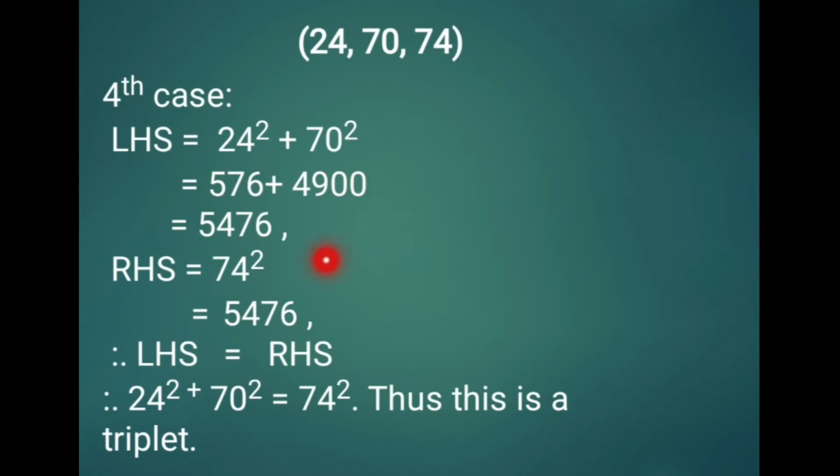So after adding we get 5476. So we find the square of 74. So the square of 74 is 5476. So from these two we say LHS equals RHS. Therefore 24 square plus 70 square equals 74 square. This is a triplet.